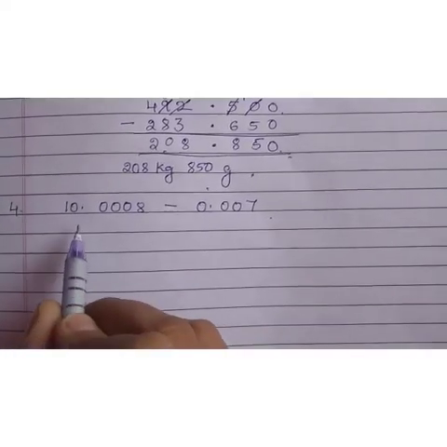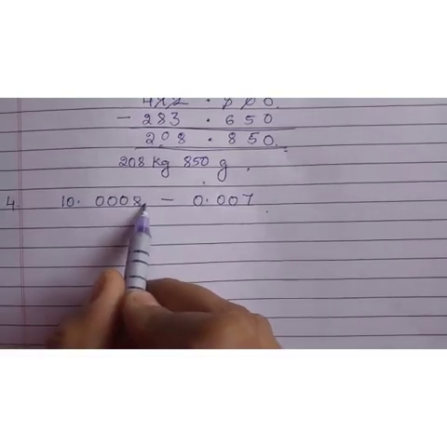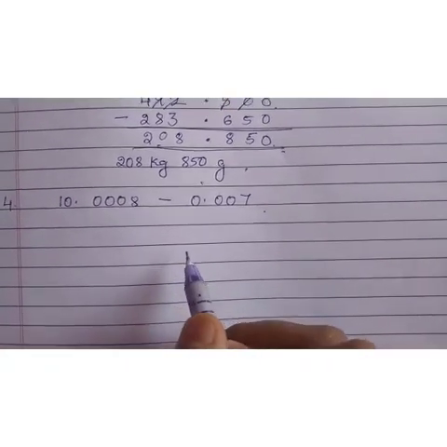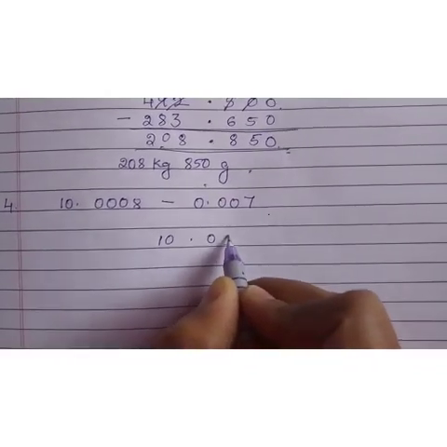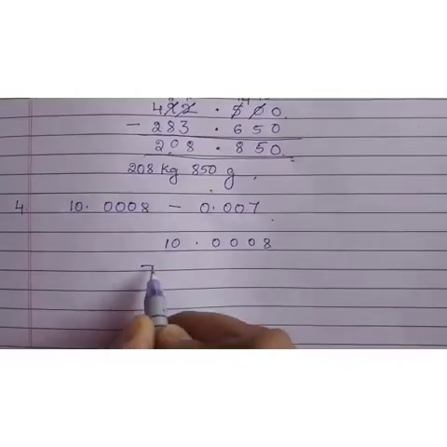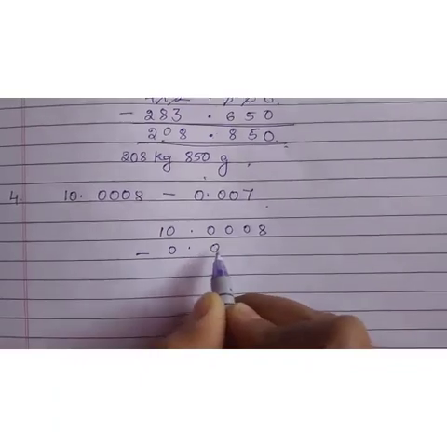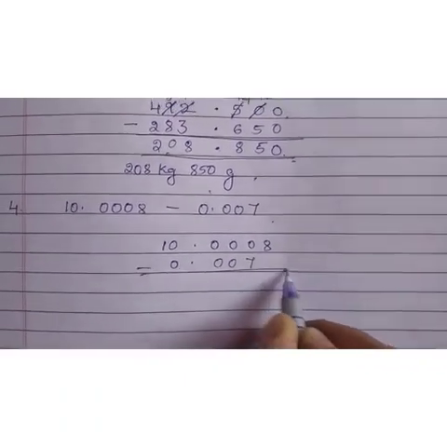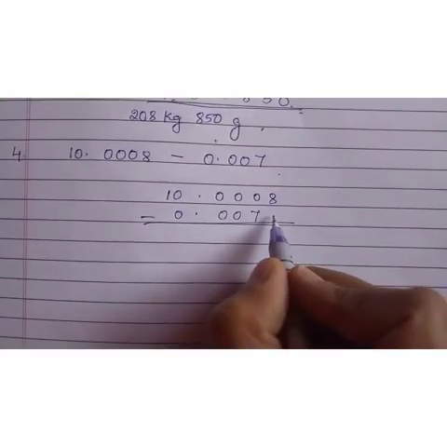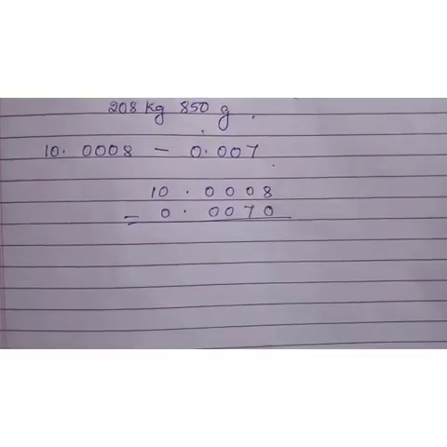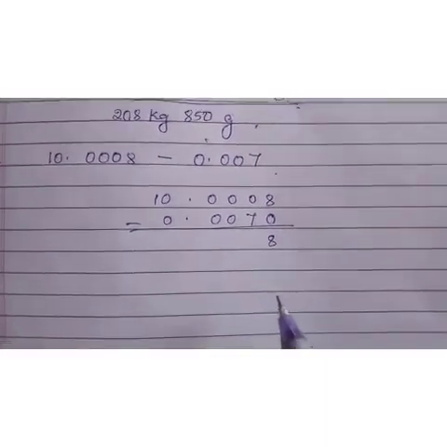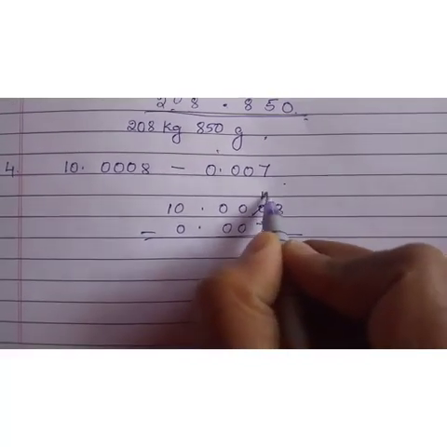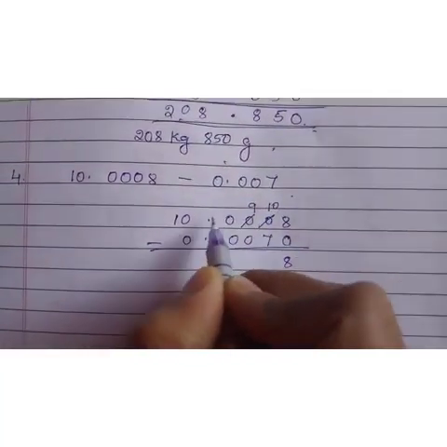Next we have another question, 10.0008 minus 0.007. So write it 10.0008 minus 0.007. Now children, how will you subtract? Now add 0 to make it a like decimal. 8 minus 0 is 8. Next this becomes 10, this becomes 9.